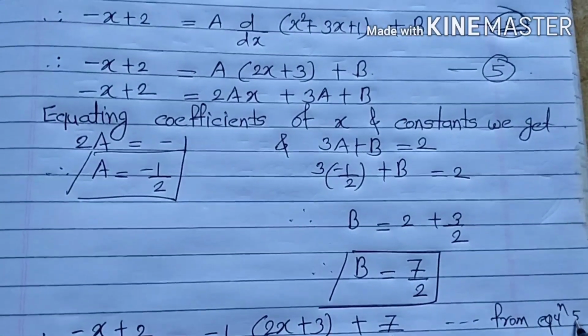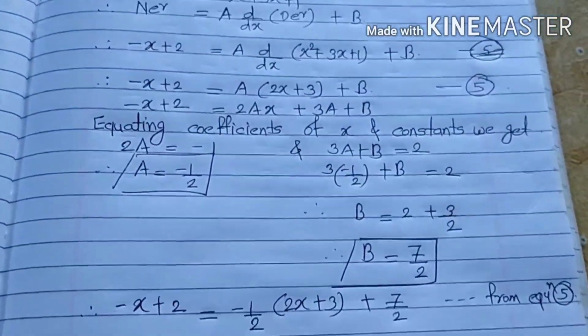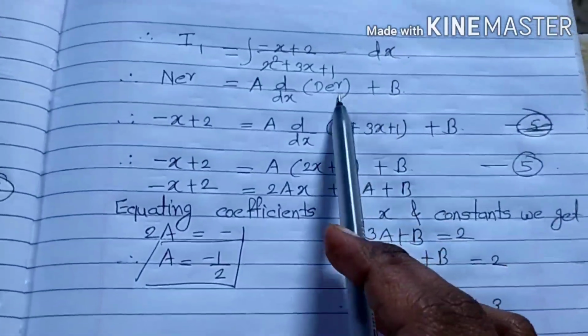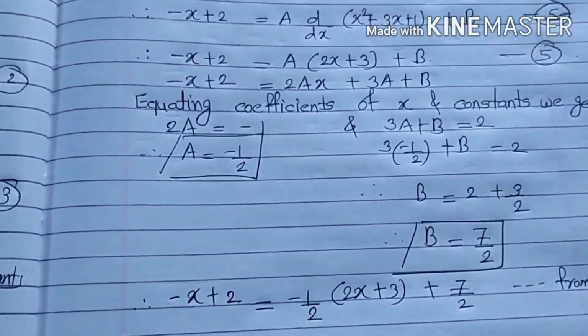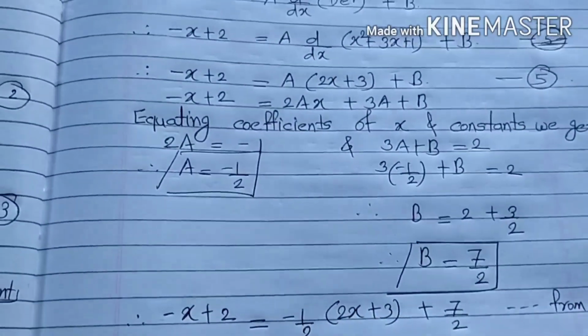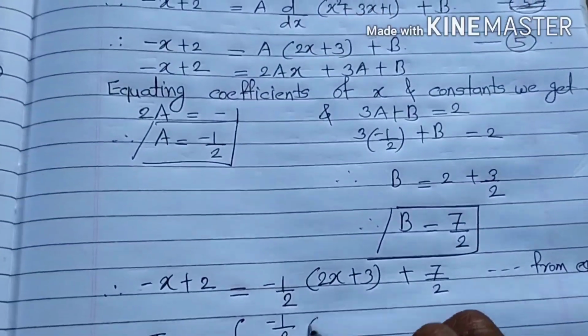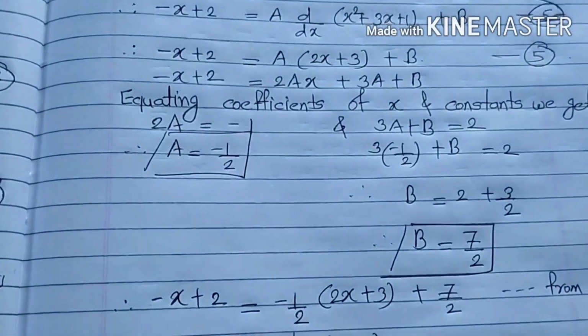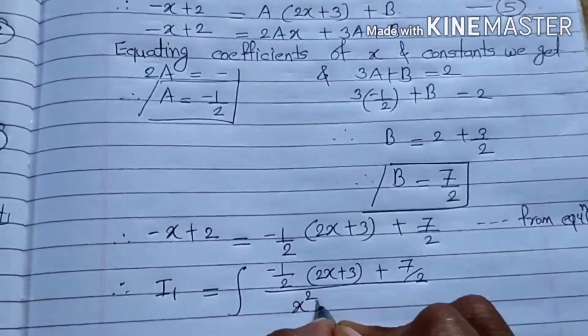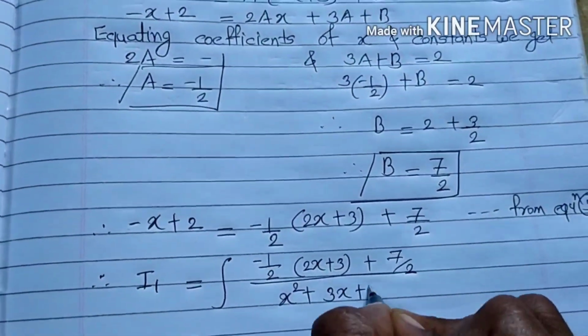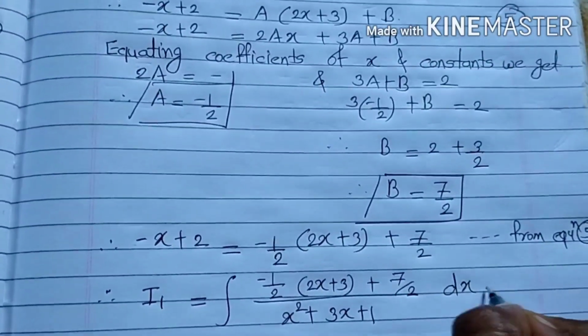So put this value in the numerator. Therefore I1 is equal to the integration of minus 1 by 2 into 2x plus 3 plus 7 upon 2 upon x square plus 3x plus 1 dx.